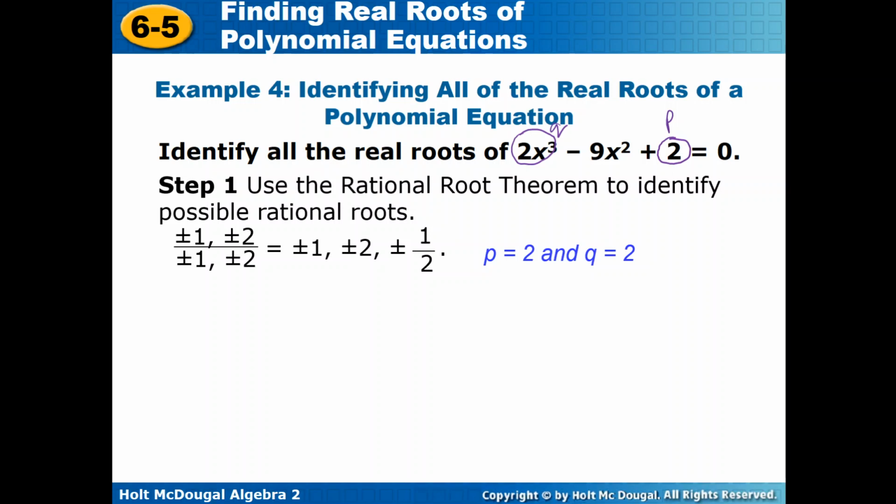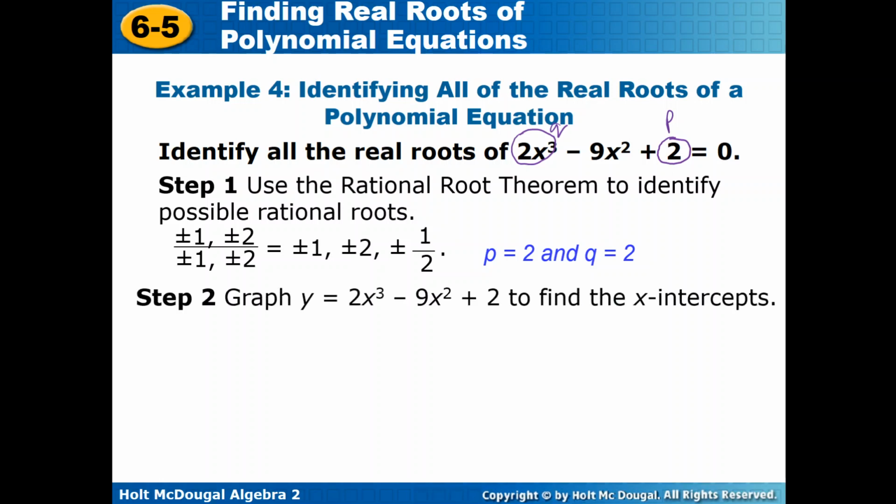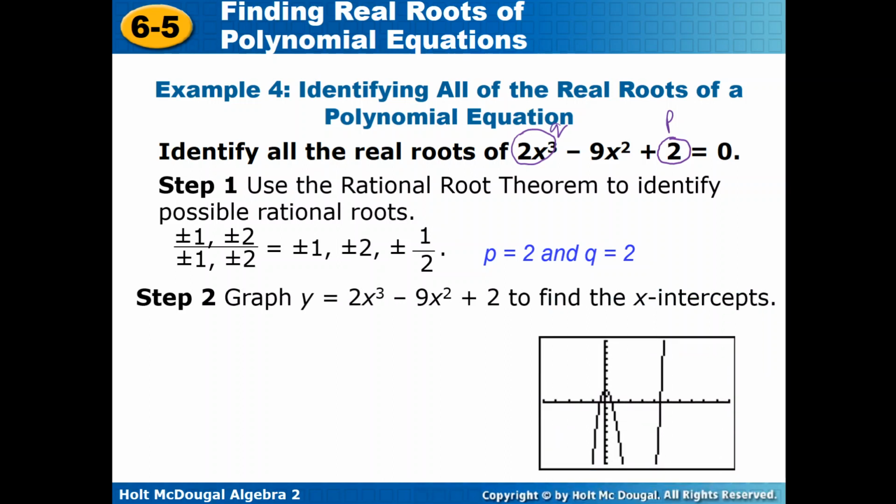We could do long division to work that out, but another thing we could do is put it in our calculator. When we graph it in our calculator, we look at the x-intercepts. Here's a picture of what it would look like.